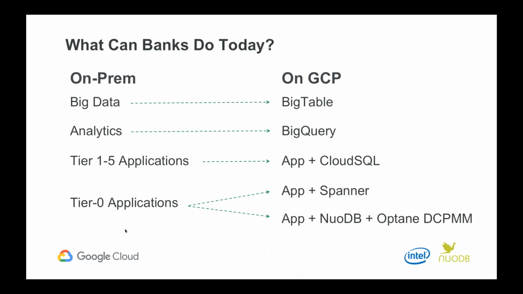That's what NuoDB does, right? Effectively, what those infrastructures provide today through the combination of software and hardware on premises, NuoDB is able to accomplish just in software in a cloud environment, and deliver the same kind of SLAs, the same kind of performance, the same kind of reliability.